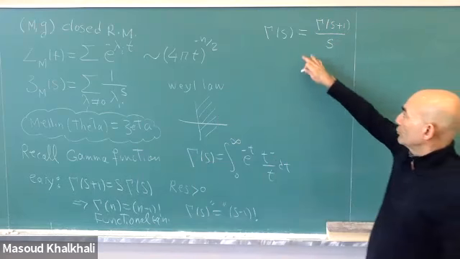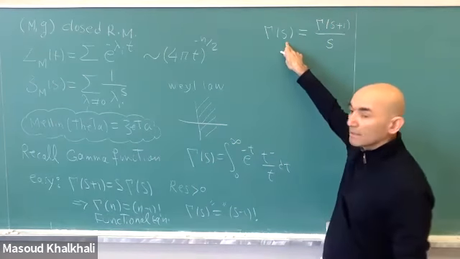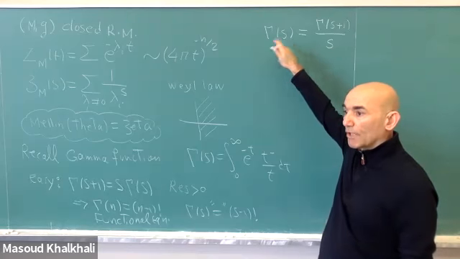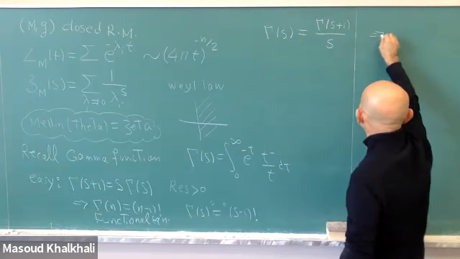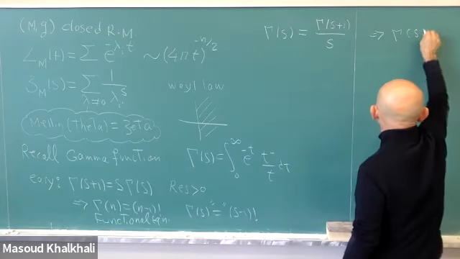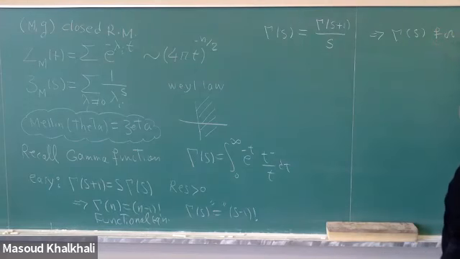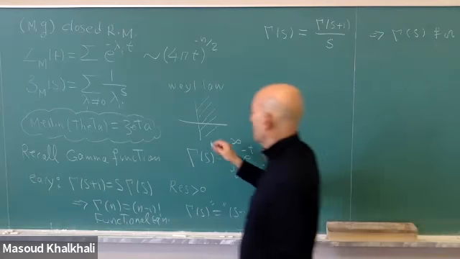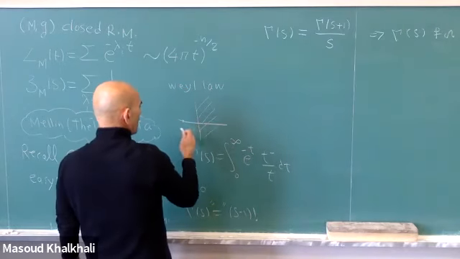If you take this identity, you notice that this defines gamma of s for real part of s bigger than minus 1. So all of a sudden, you can extend your function in a holomorphic way.